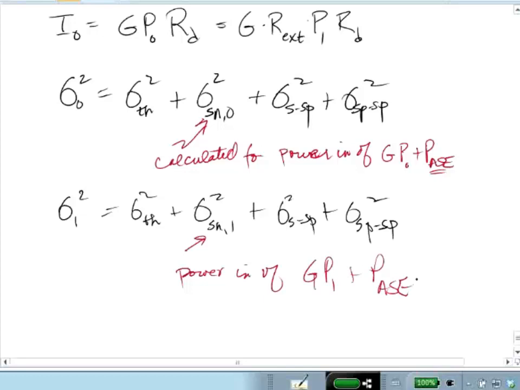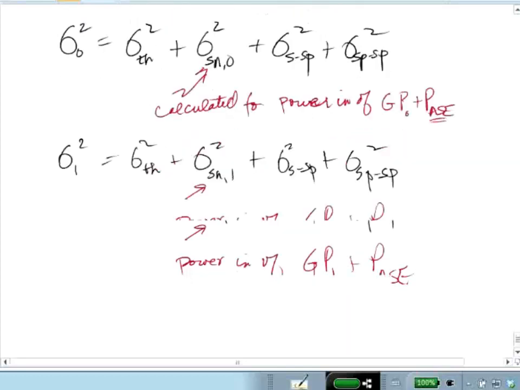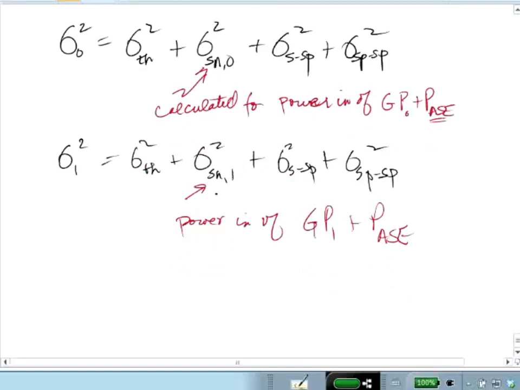So we can now see that the shot noise is actually getting closer in value between the cases of 0 and 1, because we have this ASE common term in between the two of them. So in some respects, we can see that sigma 0 squared and sigma 1 squared are getting closer when we include amplified spontaneous emission.